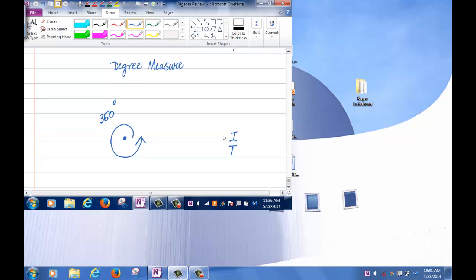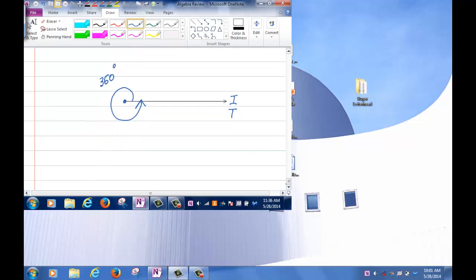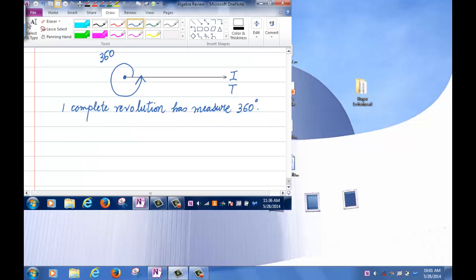Okay, so 360 degrees means one complete revolution. If you form an angle by one complete revolution, it has measure 360 degrees. Okay. So what would be 90 degrees? 90 degrees would be 1/4 of a revolution, right?